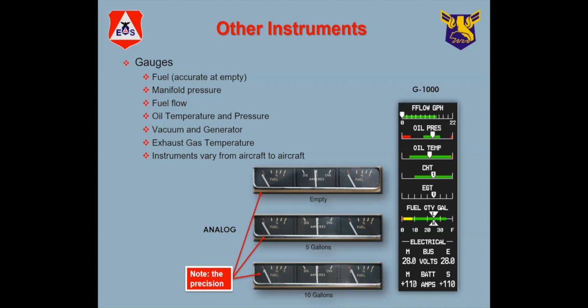We'll get to that when we talk about pre-flighting the airplane a little bit later. But unlike your car, where a gauge reading 10 gallons left means another 100 miles, in airplanes it doesn't necessarily work like that.